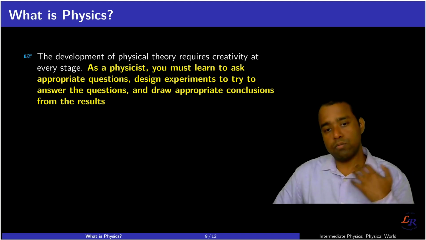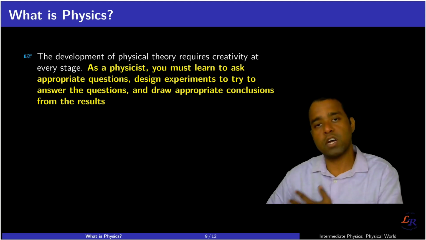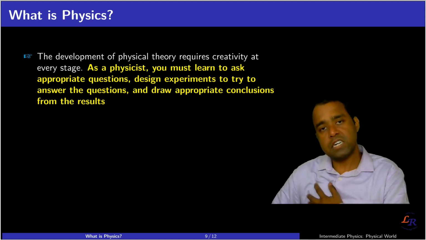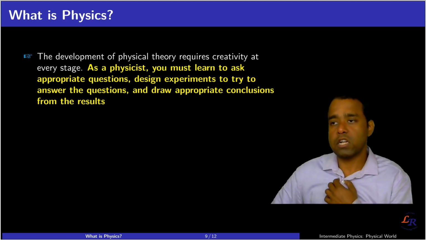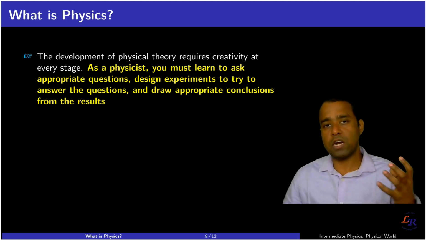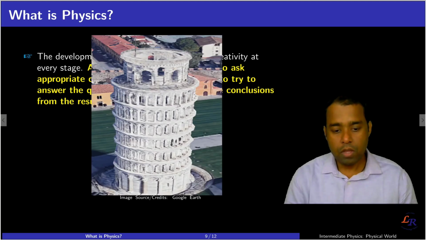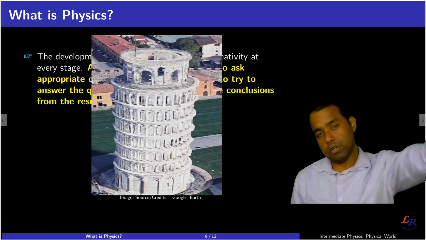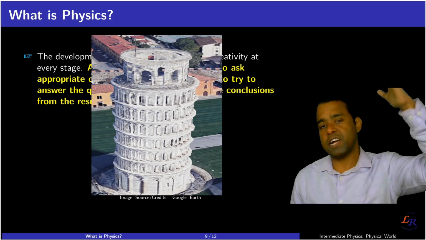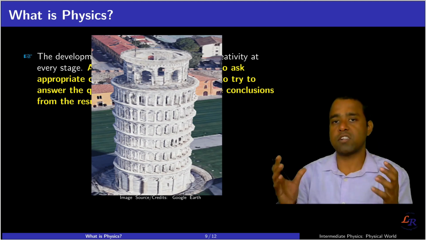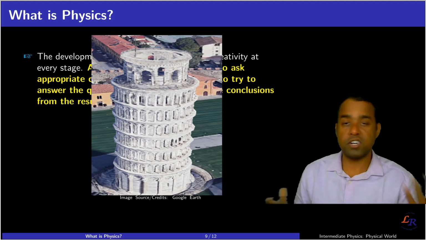So to help you understand this, let us come back to Galileo's experiment. He was trying to find out: if I have two objects of different weights, and I make them fall from the top, what would be the rate of fall? Will the two different masses fall at the same rate or at different rates?